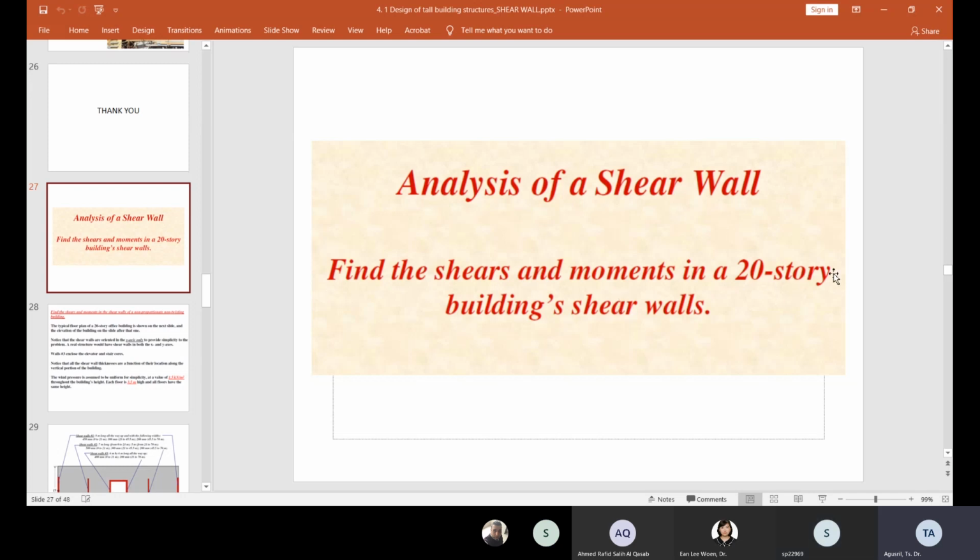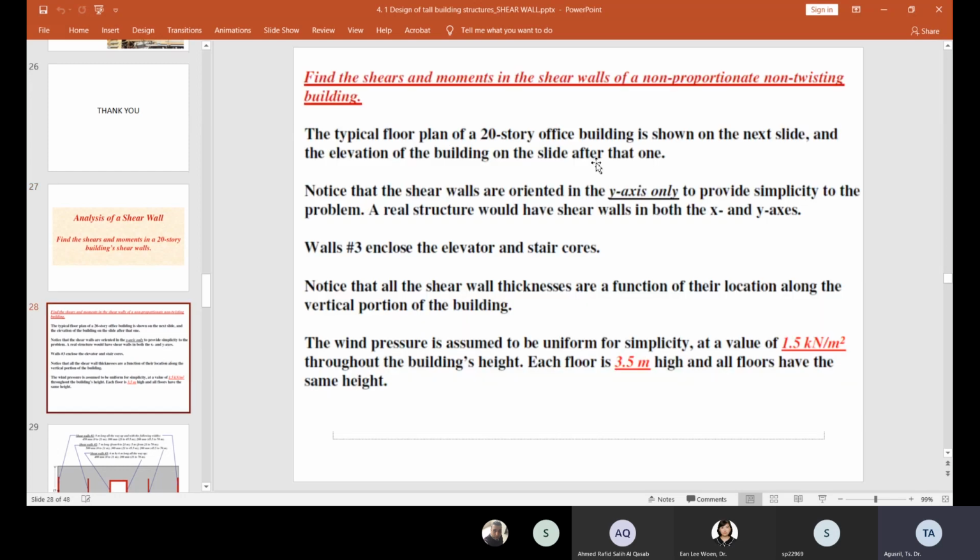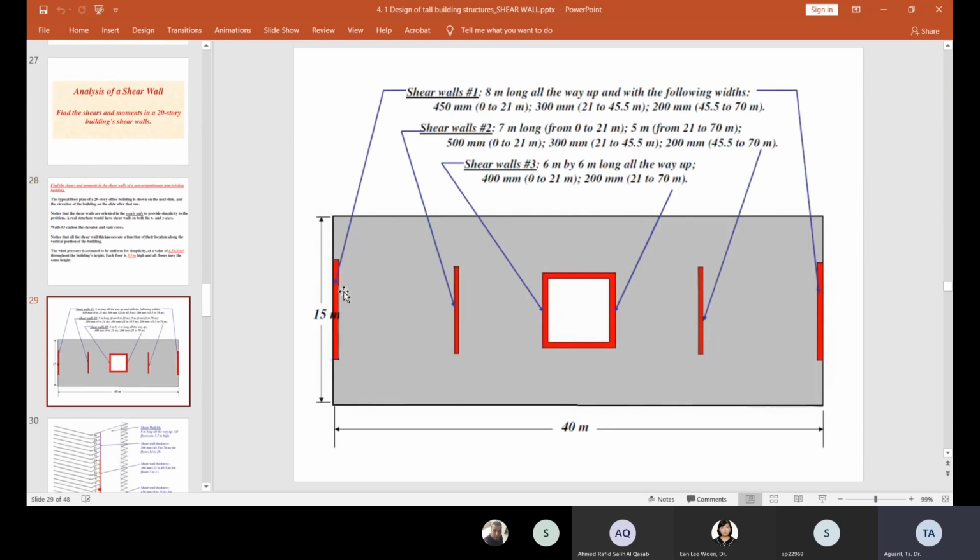For the example, we have a two-story office building, and it consists of three types of wall: wall number 1, number 2, and number 3, as you can see in this slide. Inside wall number 3 we have the lift and also the staircase.